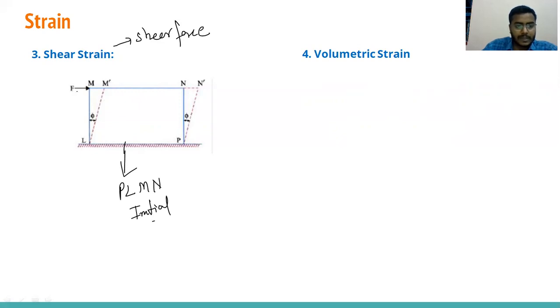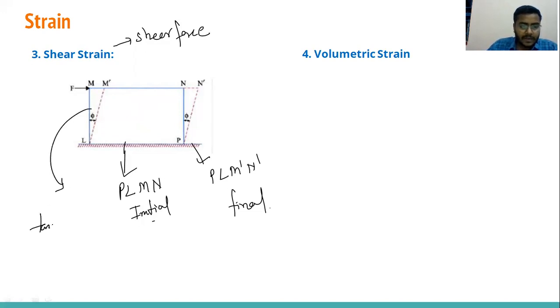When force F is applied, the body is deflected and deformation has occurred, and it becomes P, L, M dash, N dash. You can see an angle made between the initial and the final position. That is denoted in this figure by phi.